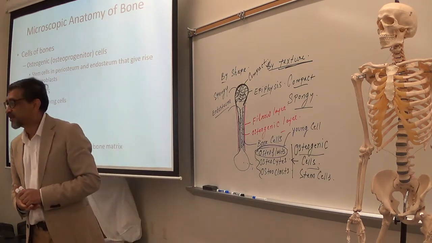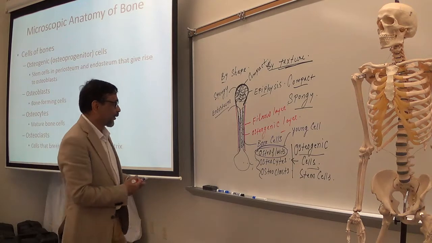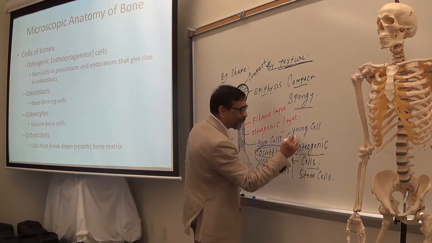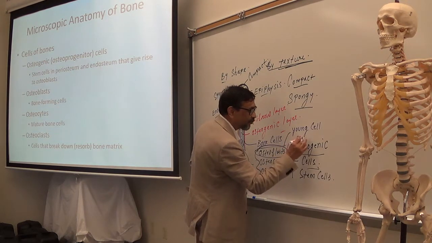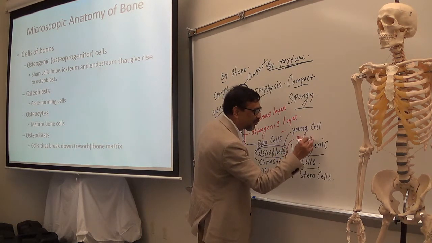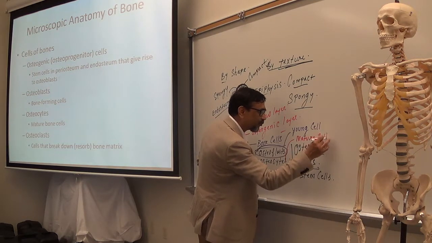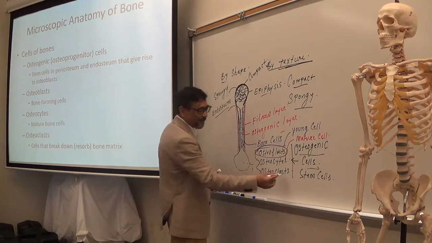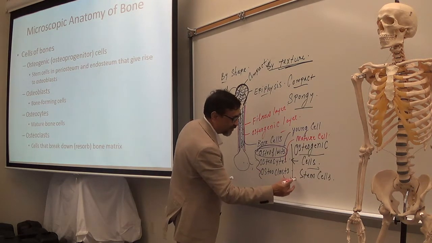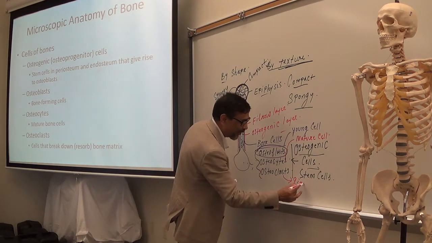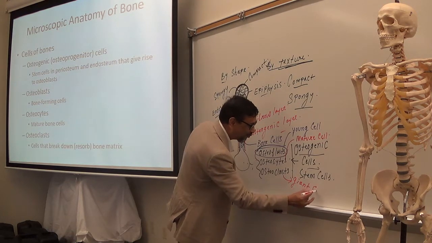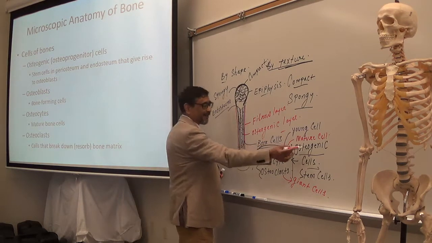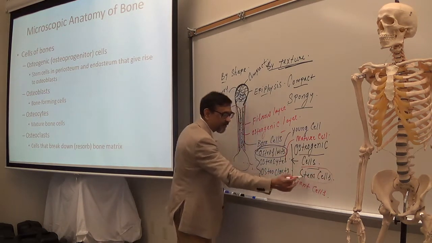Young bone cells. And osteocytes are mature cells, adult cells. And osteoclasts are giant cells, big. And osteogenic cells are stem cells that I have already mentioned.